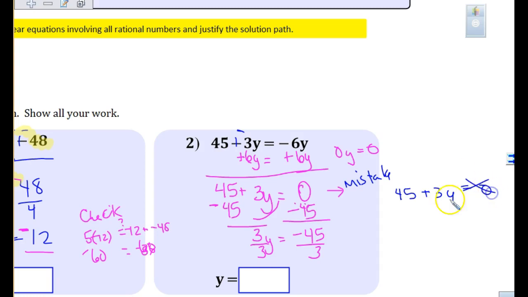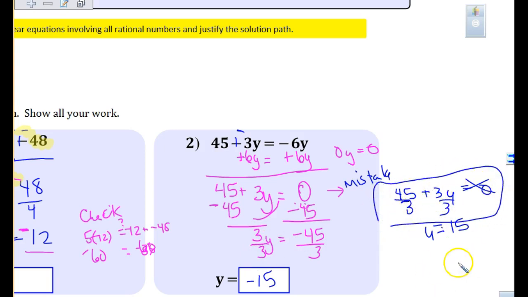They'll just drop this off, and they'll go, oh, divide by 3, and they'll say 15, which it is not 15, it's negative 15. And if you do the check, that's where a lot of times the mistake happens. So just remember, you cannot solve for the variable till you have the variable equal. So this is a mistake that often gets made. People just drop things. I don't know, they get lazy, they get tired, they're like, oh, can't do this.